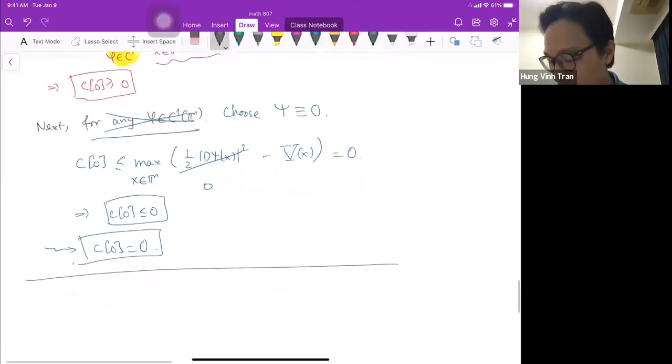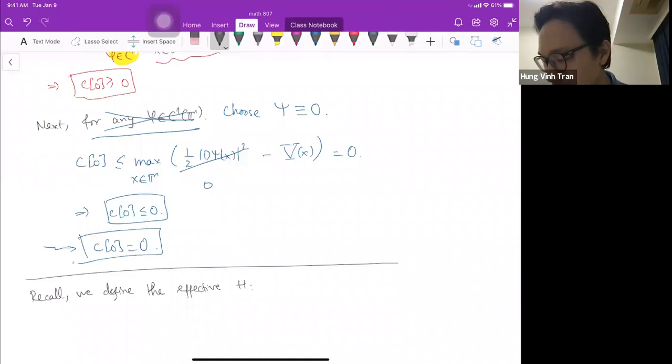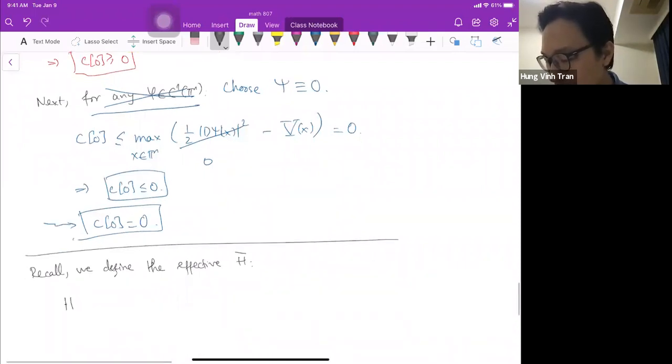So recall last time that we defined the effective Hamiltonian H bar.